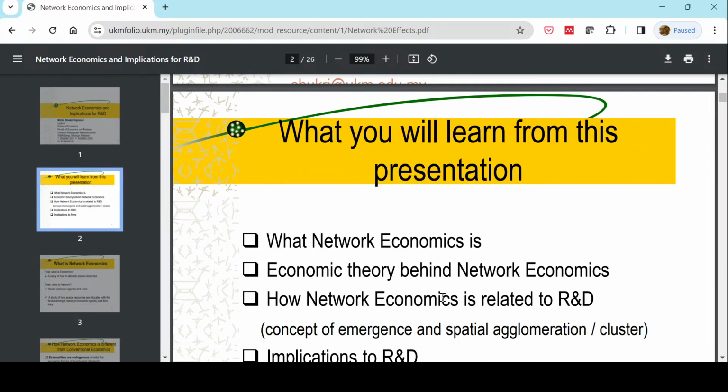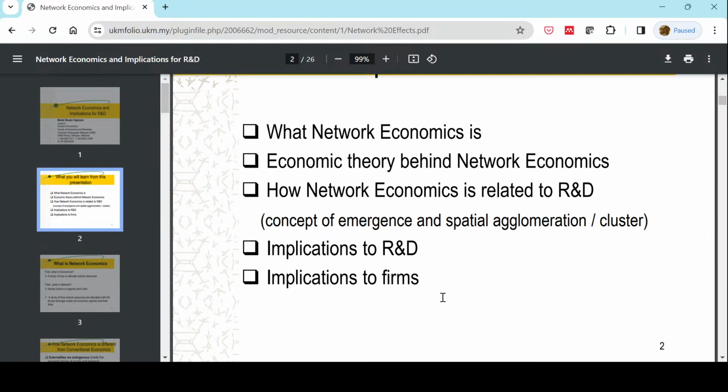So what you will learn: what is network economics, the economic theory behind network economics, how network economics is related to R&D, and the concept of emergence. Emergence is very important, and we want to apply this when we talk about R&D.